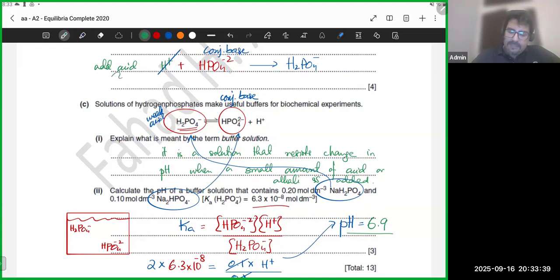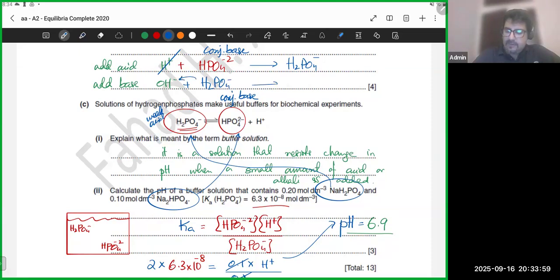Vice versa, if you add base to it, like OH ions, who's going to neutralize it? The weak acid is the one that's going to neutralize it. The H2PO4 minus 1 is going to give it an H plus 1.